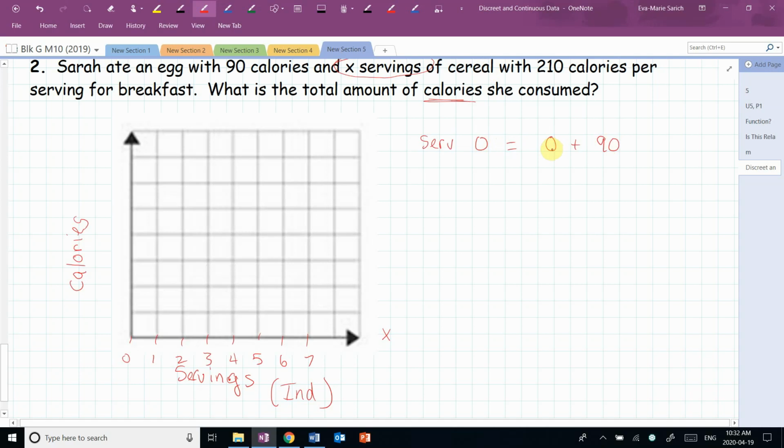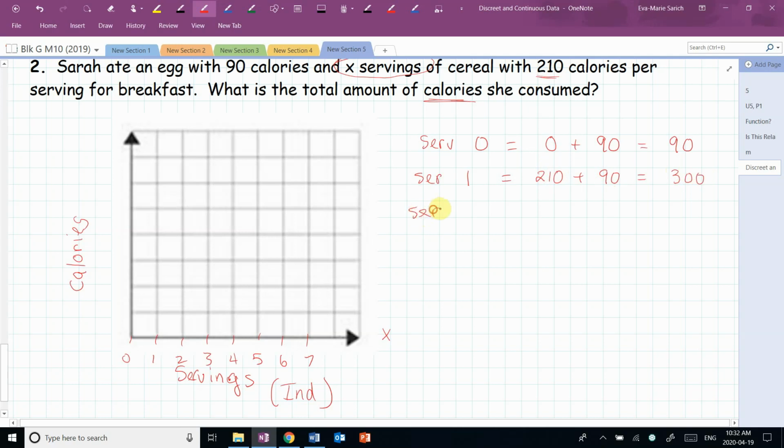So 0 calories for the serving of cereal plus 90 is going to give us a value of 90 calories. If her servings are 1, she's going to have 1 serving of cereal, which is 210, plus the 90 for the egg, and that's going to give us 300 calories.